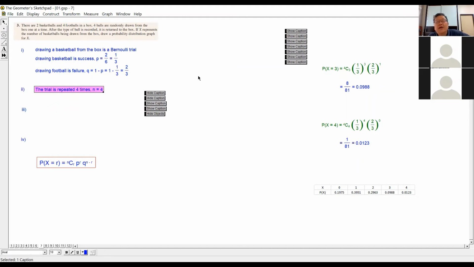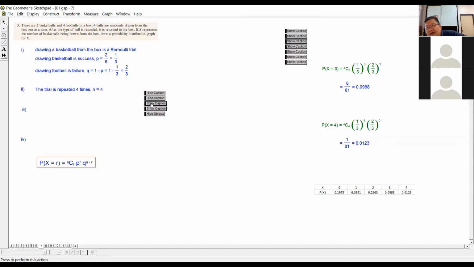If n equals 4, what is x? Can you tell me what is x? Now we know the value of n is 4, right? What is the value of x? X represents the number of basketballs drawn from the box.